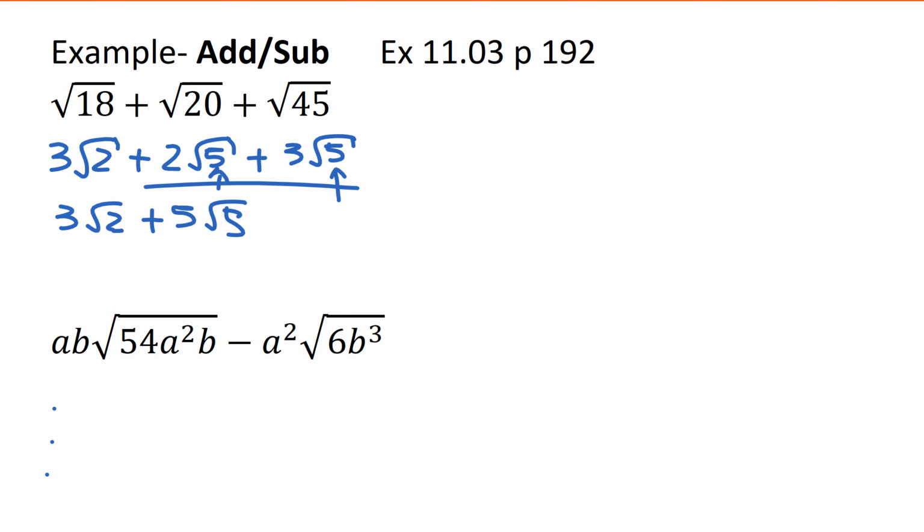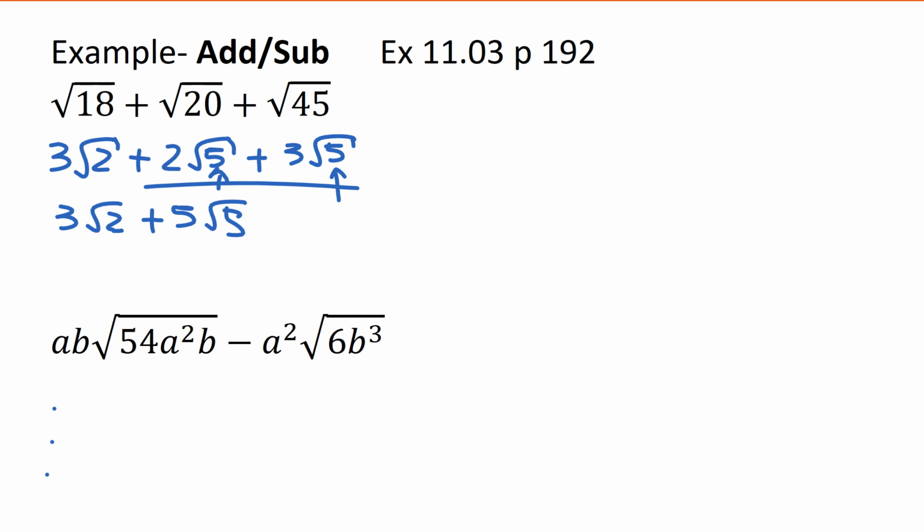What do you think about this one? Let's just try and simplify it. 54. So 54, yeah. 9 and 6. So that's going to be what? 3 root 6.